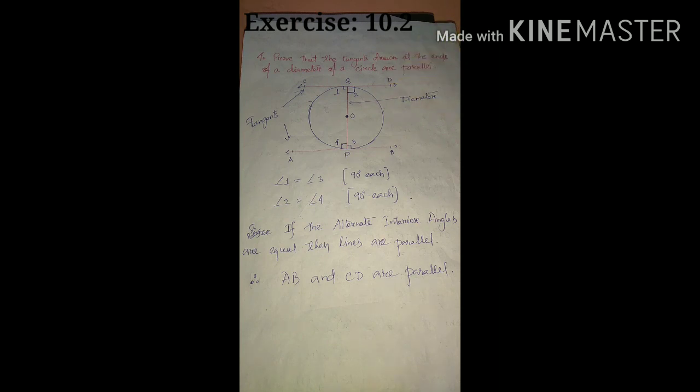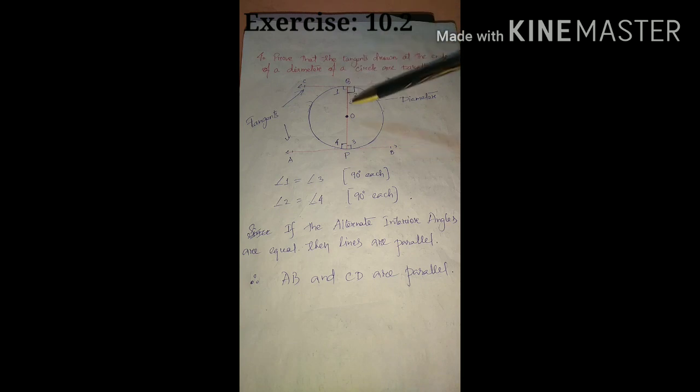So now our aim is what? With respect to this diameter the endpoints are P and Q, and when we draw 2 straight lines at these endpoints, we need to prove that these lines are always parallel. Is it clear? Now how can we prove this result?